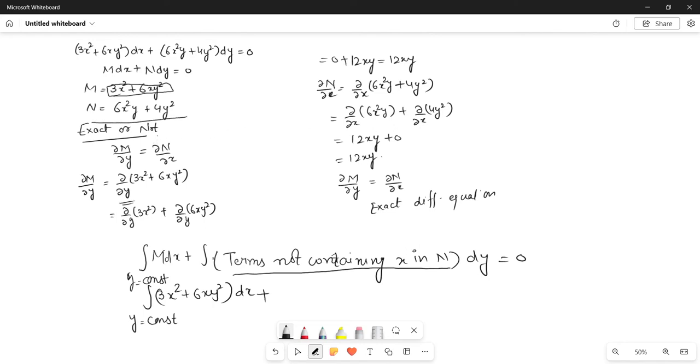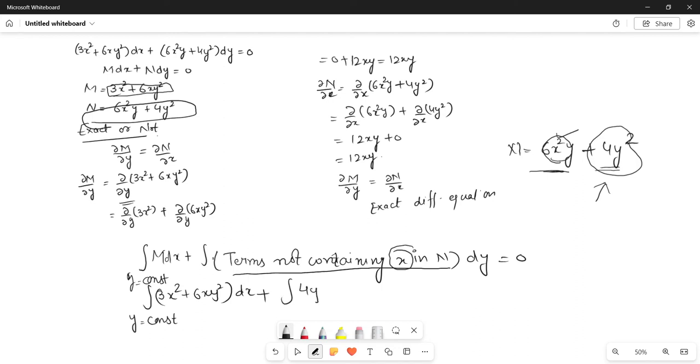This is our N: 6x squared y plus 4y squared. The first term contains x, and the other term does not contain x. So we have only one term which does not contain x, and that is 4y squared dy, equals to 0.